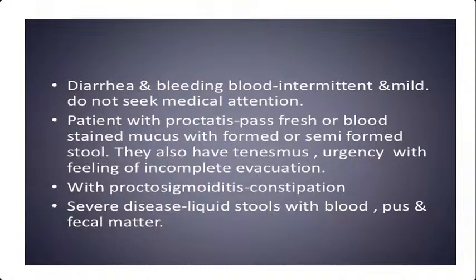They may also have tenesmus, urgency, and a feeling of incomplete evacuation. And when there is proctosigmoiditis, it's associated with constipation and severe disease. The stools are liquid with blood and pus admixed with fecal material.